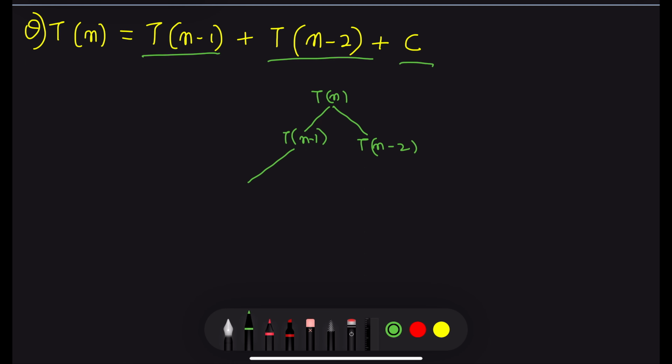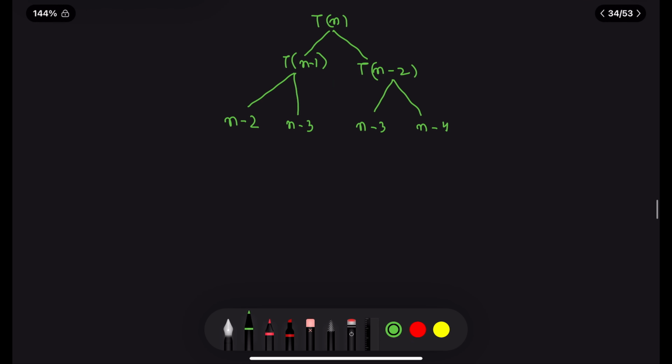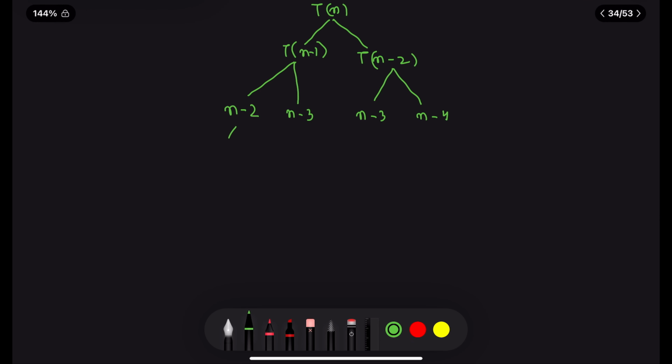Similarly this will be called further, one for n-2 and one for n-3. This will be called for n-3 and this will be called for n-4. So this will go on until k times.